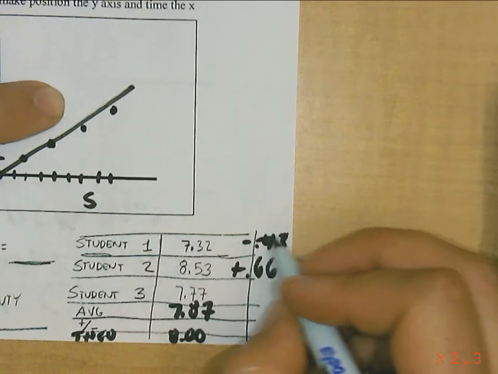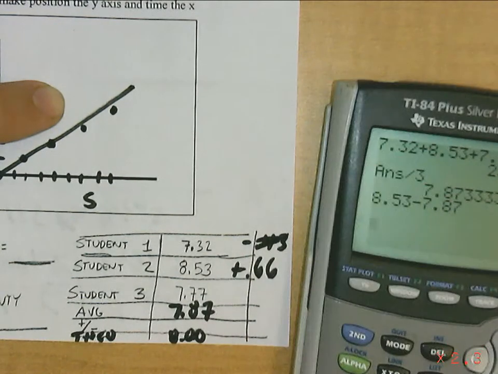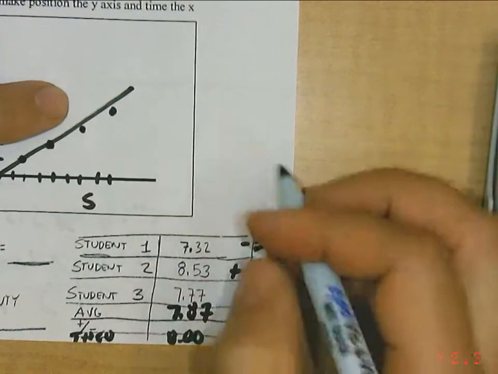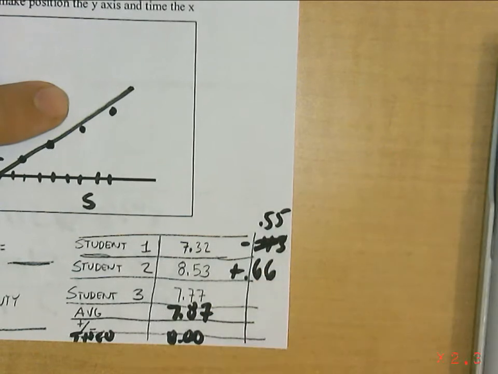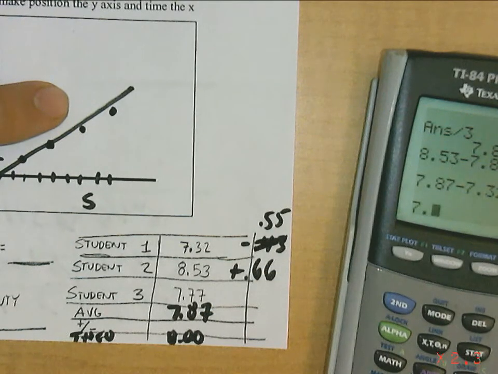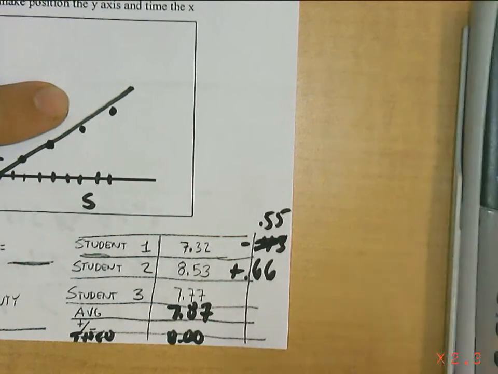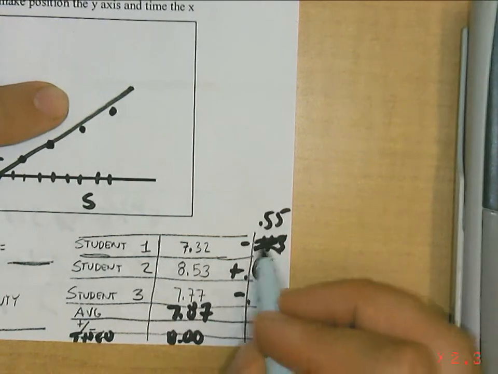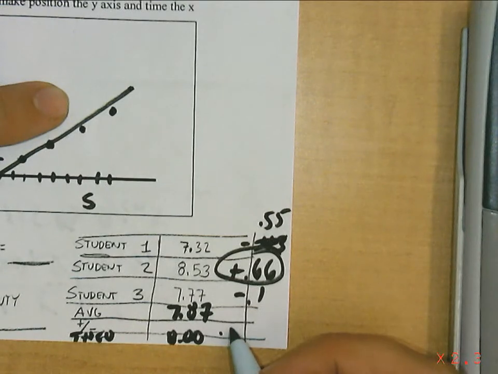So we'd have 7.87 minus 7.32, looks like it's 0.55. Well, anyway, it's less. And then 7.87 minus 7.77 is just 0.1. So it's less by 0.1. So this is our greatest deviation, so we want to pick that, plus 0.66.